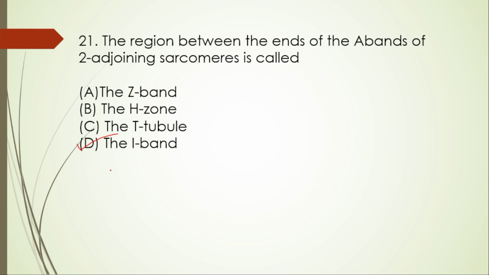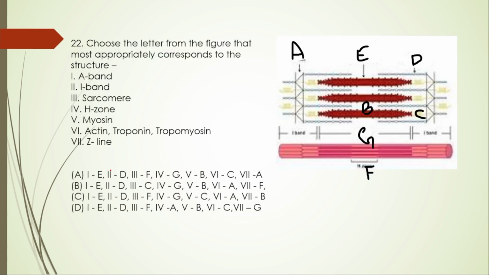Next one, question number 22. Choose the letters from the figure that most appropriately correspond to the structure. First one, A band. Here the structure A band is indicating what?